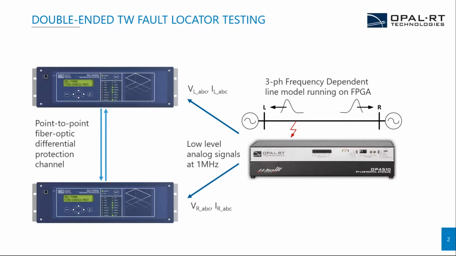And on the left, we have two Schweitzer T400L traveling wave-based relays. Between them, there is a fiber optic connection for the TW87 communication channel. And from the simulator, we're outputting the voltage and current measurements at the two buses of the transmission line. And these signals are sent out as plus-minus 4 volt analog out signals at 1 megahertz to the two devices under test.